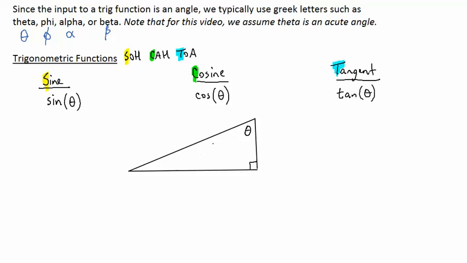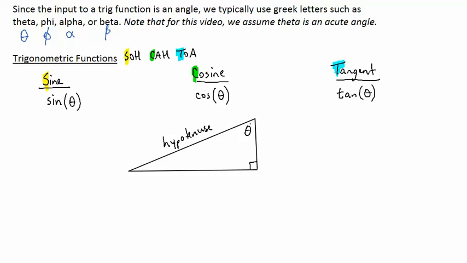Now what we need to do is take this triangle and label the three sides relative to this angle theta. There's one side that's always consistent. The side that's opposite your 90-degree angle is your hypotenuse. It's always opposite your 90-degree angle. The other two sides are called the adjacent and opposite sides.